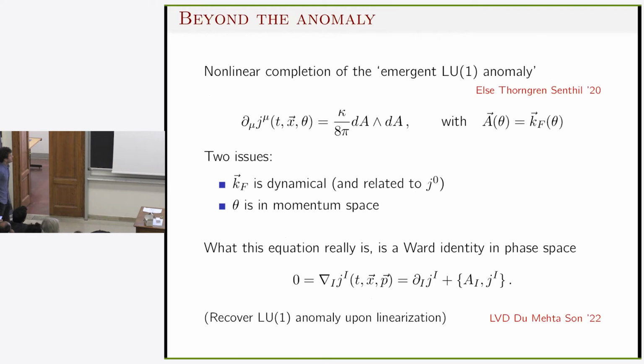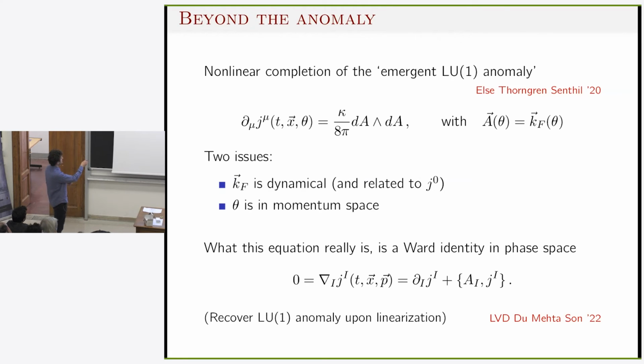Another thing we can do with this nonlinear action is go beyond a recent, very interesting proposal by Else, Thorngren, and Senthil about an emergent anomaly that Fermi liquids have, and possibly also some passive non-Fermi liquids. So what their proposal is that systems like Fermi liquids have an emergent anomaly, which in 2+1 dimensions looks like the 4D chiral anomaly.